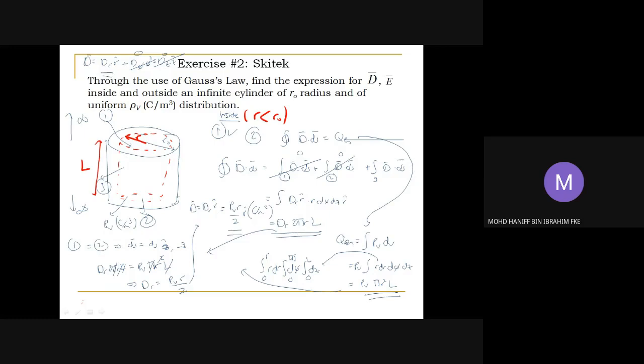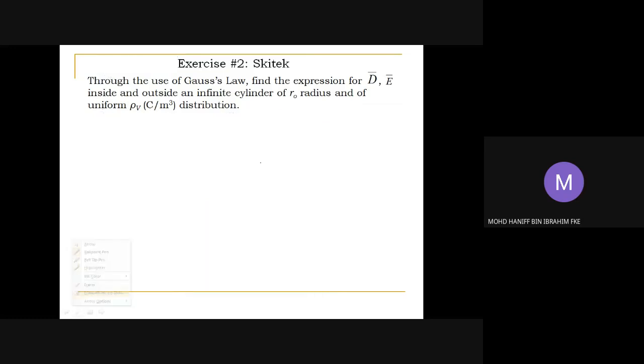This vector D is measured on this particular Gaussian surface. That should be the second step; we have obtained D successfully. Finally, the third step is to find the E field, where D equals epsilon times E. So the E field will be D over epsilon naught.